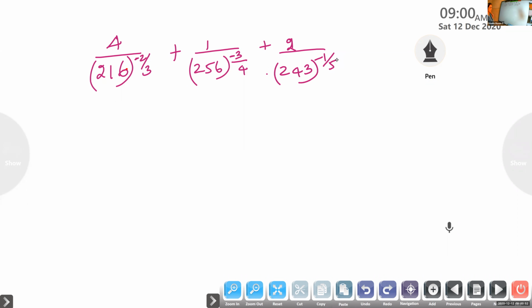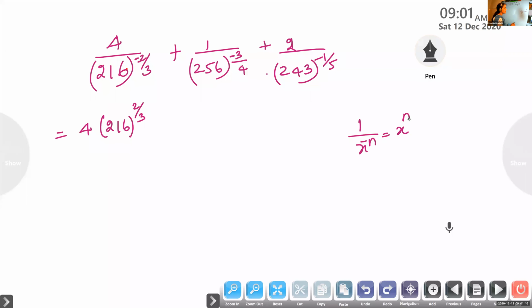What is the first step, children? Reciprocal. Now listen, it is already in the denominator, so this power index we should make positive. What is 1 by x raised to minus n?